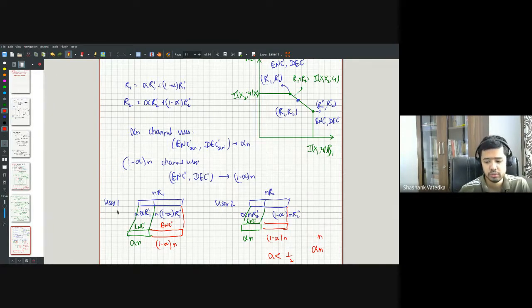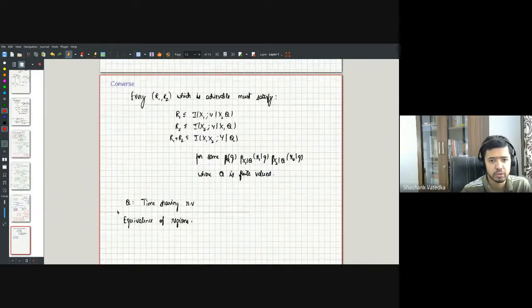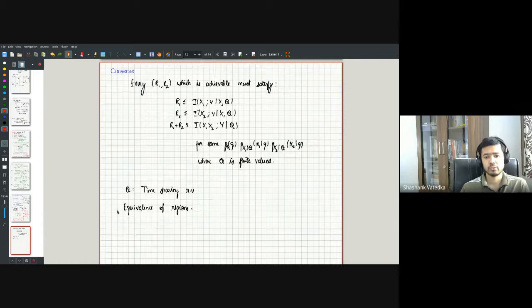All right. So now that we've seen the achievability result, let's try to prove a converse. So what we want to show is that every rate pair which is achievable, that is, if we have an R1, R2, then if it's achievable, it means that we can construct encoders and decoders, two encoders, one for each user, and one decoder for the receiver, which operate at rates R1 and R2 respectively.